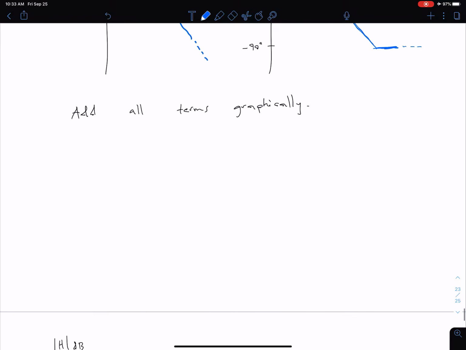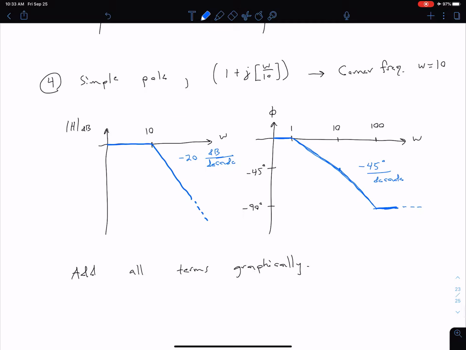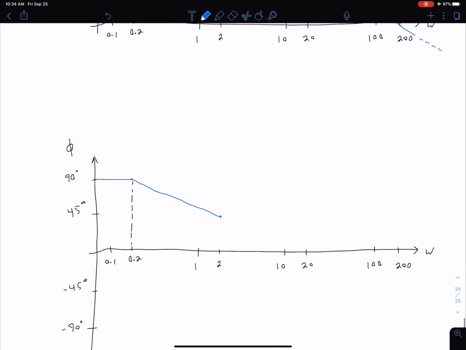But we see that this second simple pole is going to cut in another negative 45 degrees per decade starting at 1. So what we have to do is come and update this and say that only goes until this point, at which point the decrease is going to happen even more rapidly. So let's update that a little bit.